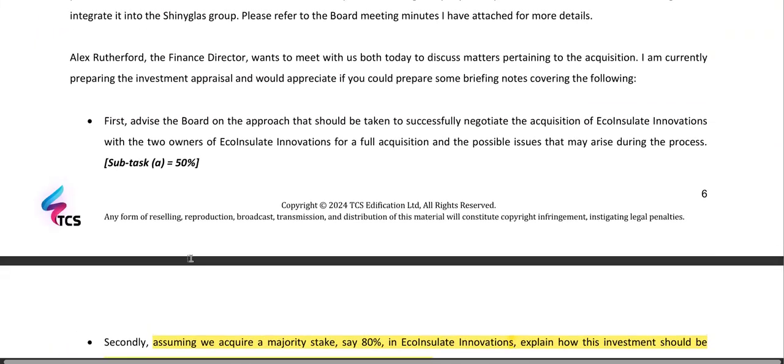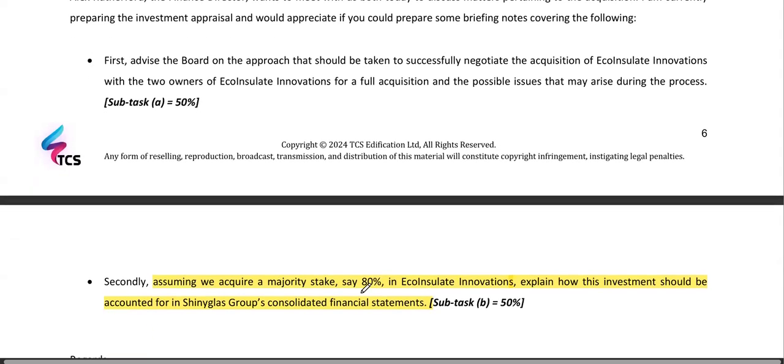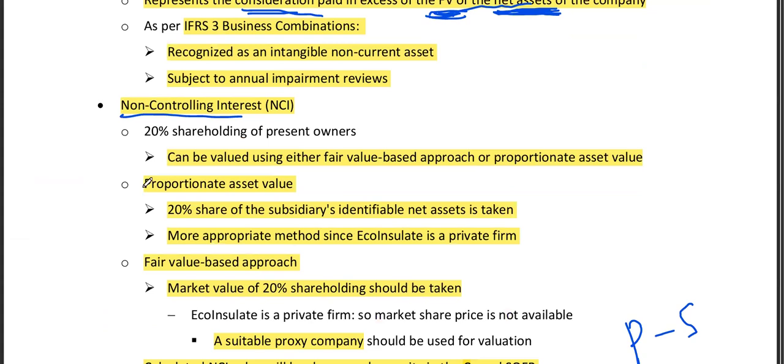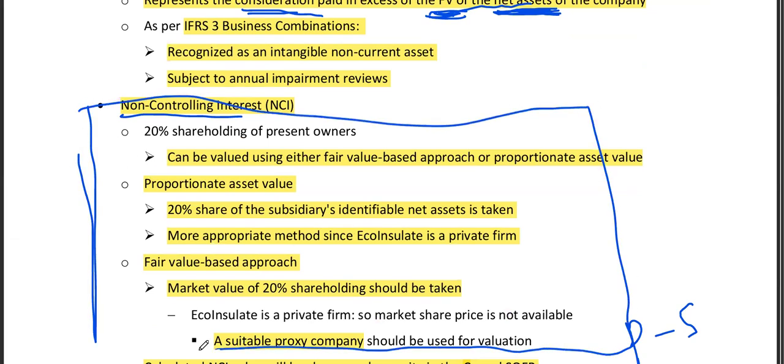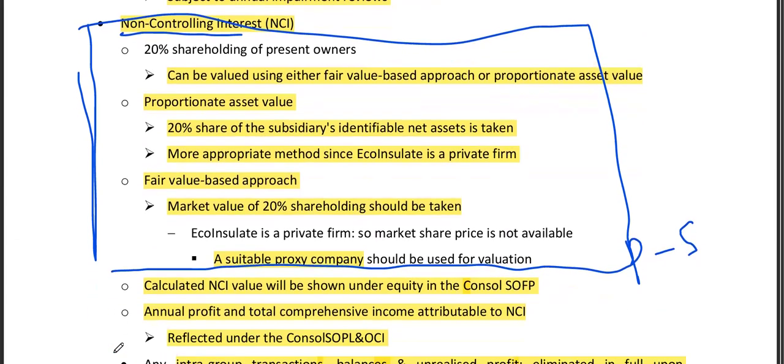Because if this question stated that we are acquiring a full stake, 100% stake, then of course there will be no non-controlling interest, and this section of the answer will not be relevant for your examination. So that is the reason why we opted for an 80% stakeholding when we designed the exam question.